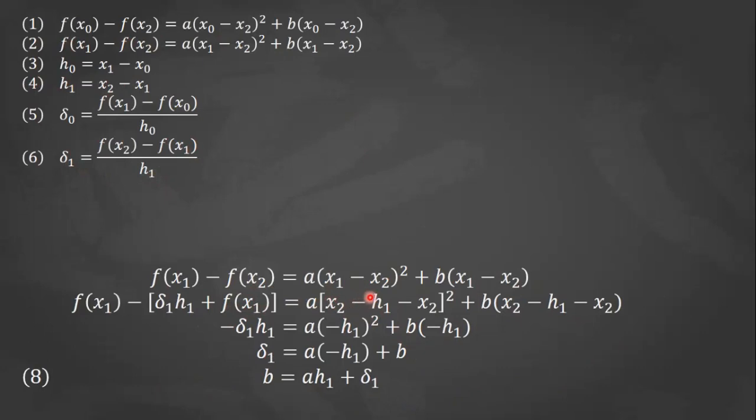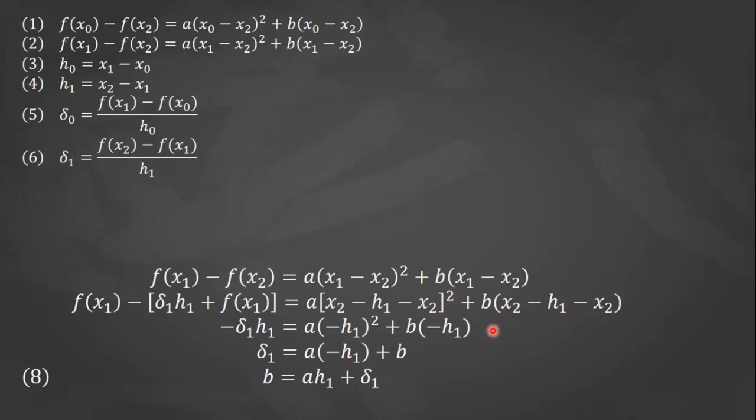So, x sub 2 minus h sub 1 minus x sub 2. Then, same gihapon diri. So, as you can see, mag-cancel na x sub 2 minus x sub 2. Mao gihapon diri. So, ang mabilin, negative h sub 1 squared, and diri po, negative h sub 1.